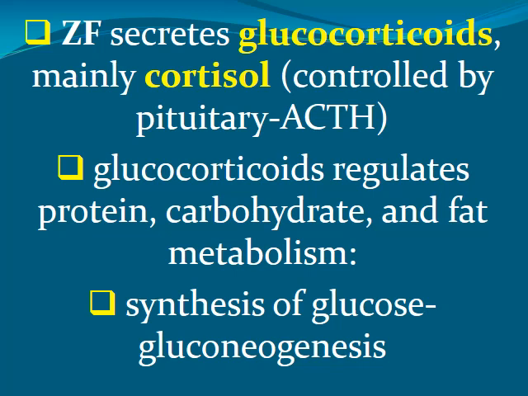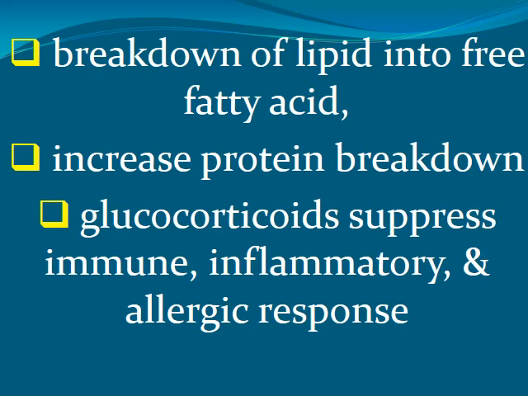Glucocorticoids also cause synthesis of glucose, that is gluconeogenesis. Glucocorticoids cause breakdown of lipid into free fatty acids. It also increases protein breakdown. Glucocorticoids suppress immune, inflammatory and allergic response.